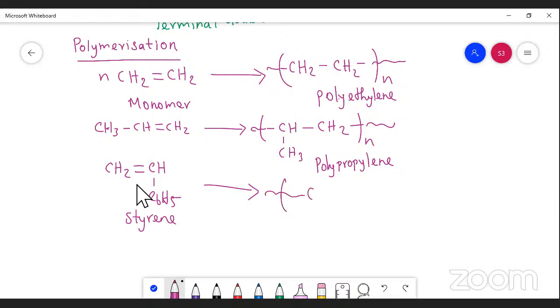That is CH2-CH with C6H5, with n number of molecules. So on polymerization we get polystyrene.